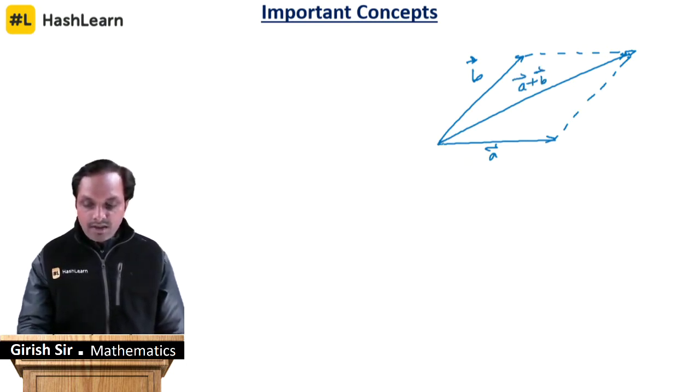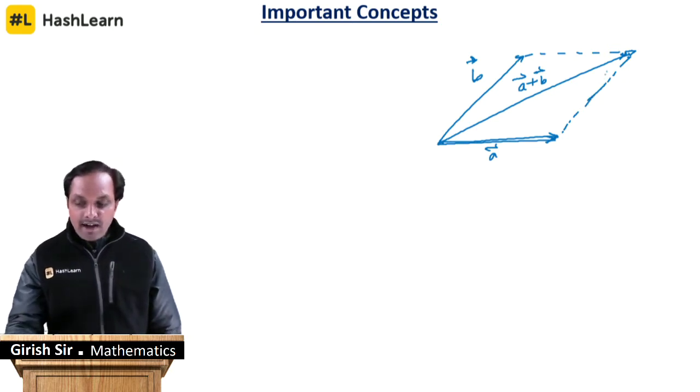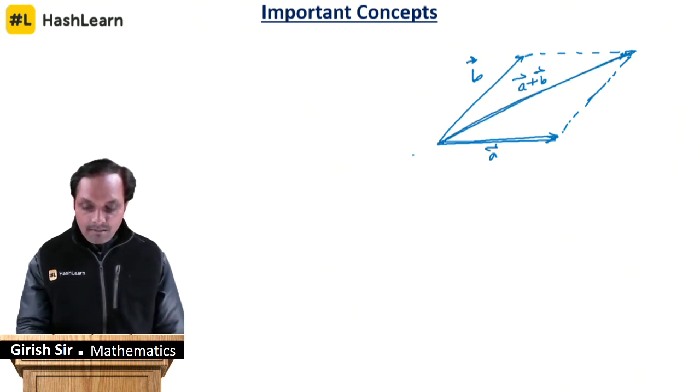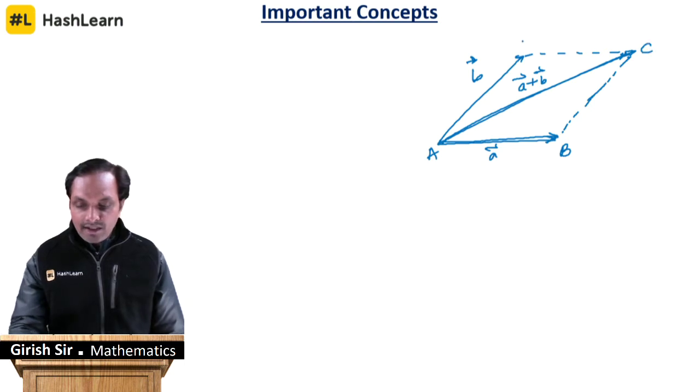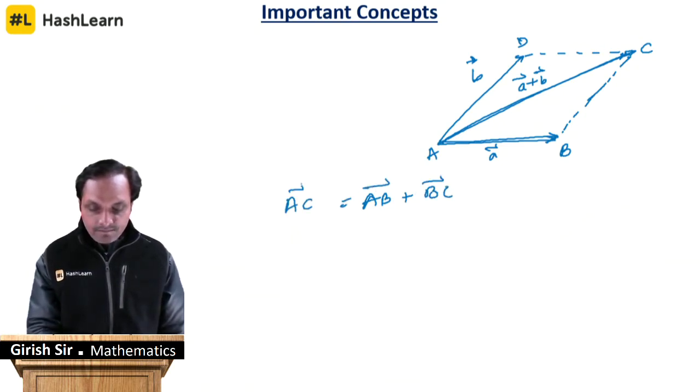This is distance a, with magnitude a and direction a, and this has direction b and its magnitude will be b units. The resultant will be a plus b, meaning this is your starting point and this is your ending point C. So A to B plus B to C will be equal to A to C.